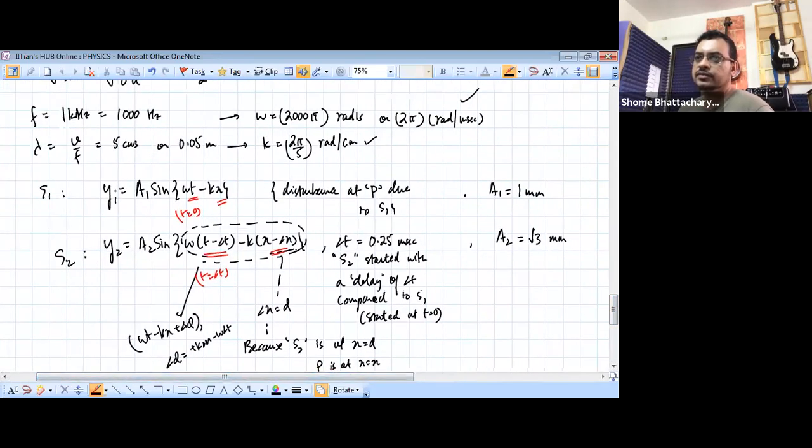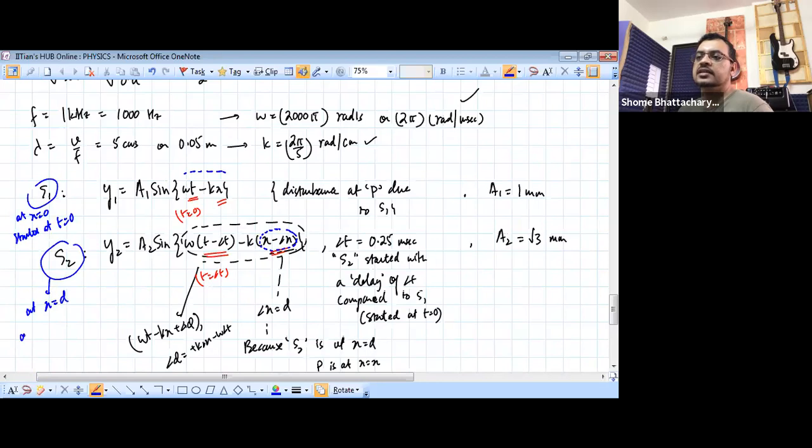The first wave, this source S1, was at x equal to 0 and it started at t equal to 0. So this term becomes like this. But this source was at x equal to d, so therefore its path is x minus d instead of x to that point.